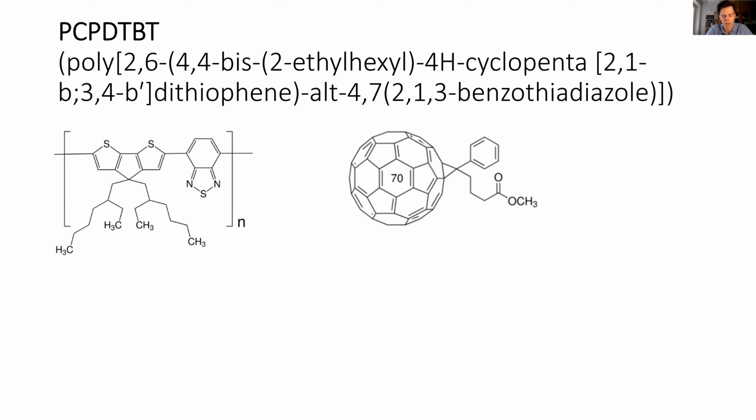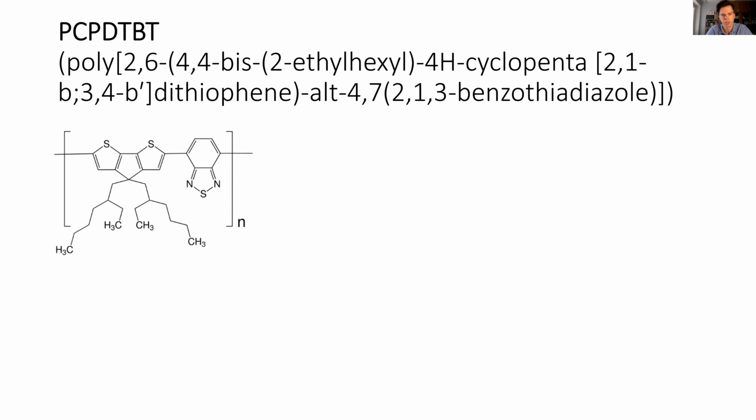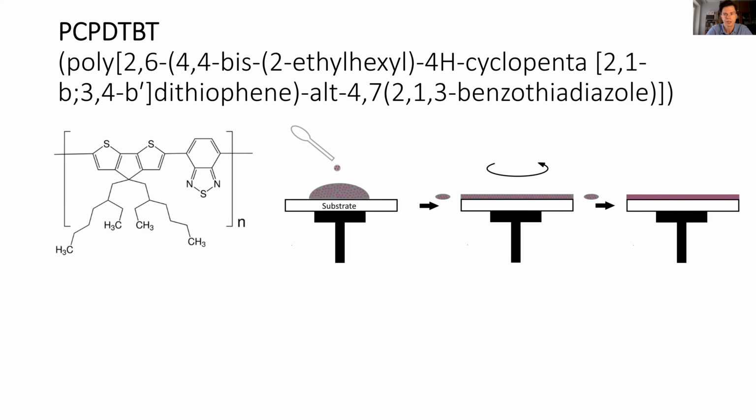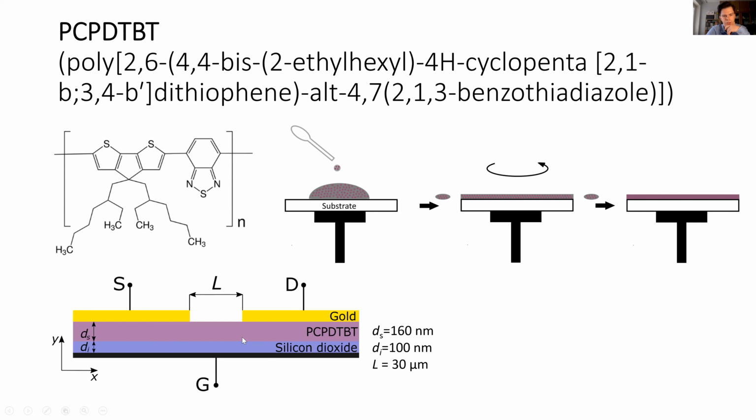But we took another approach. We only worked with a single layer. So what we did, we used a simple spin coating procedure to form an even thickness layer on the substrate. And we ended up with this kind of structure.